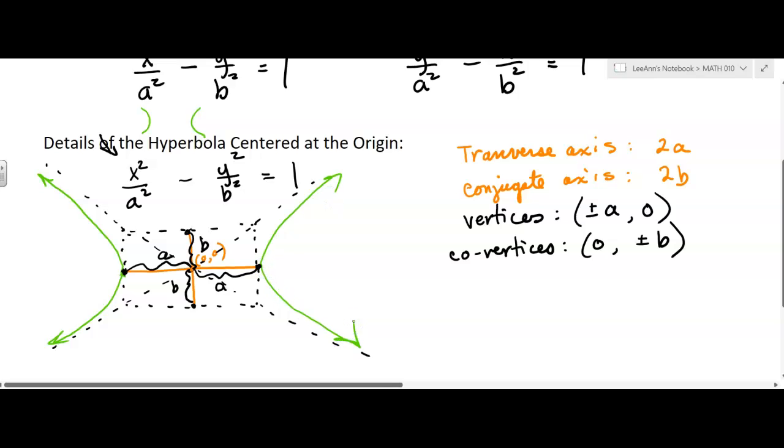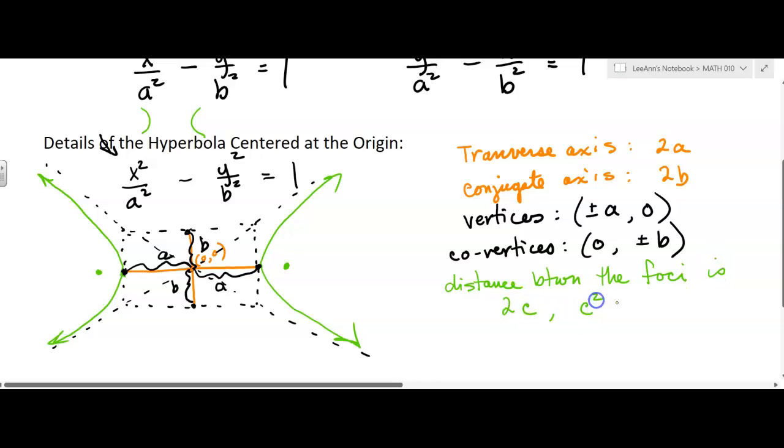And that is graphed. Now, where are the foci? Well, there's going to be one in here and one in here. And I think of the hyperbola like wrapping around, the points are wrapping around the foci. The distance between the foci is 2c.